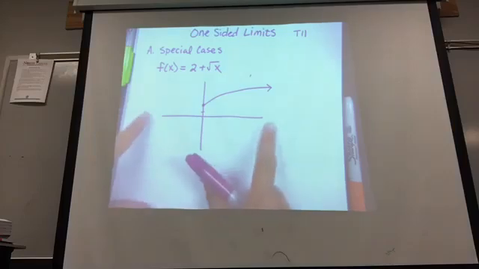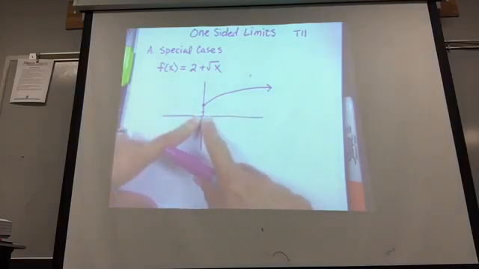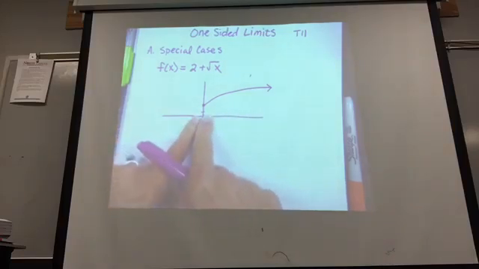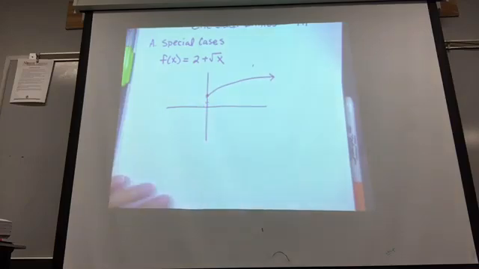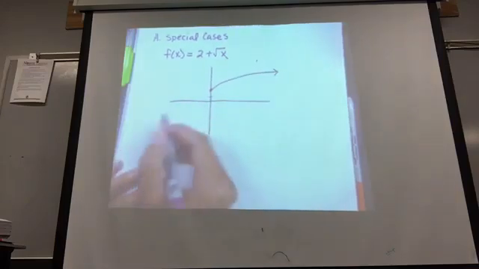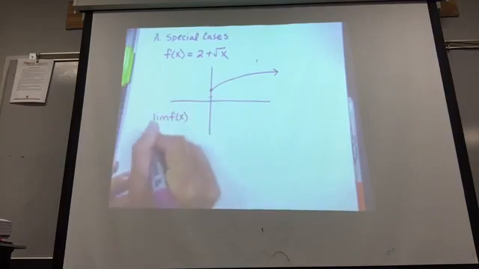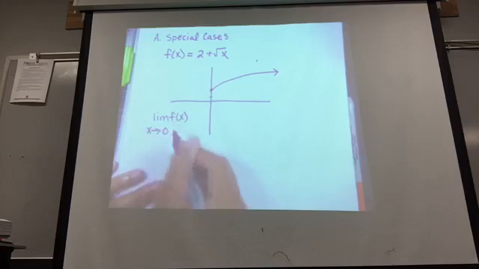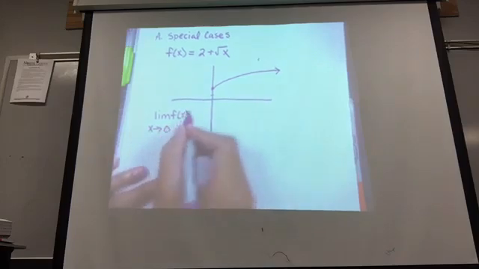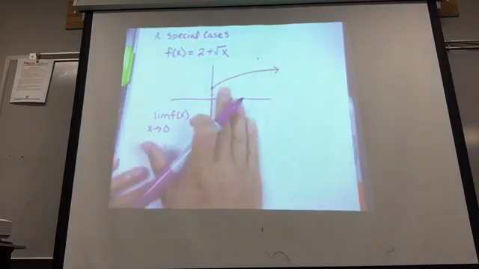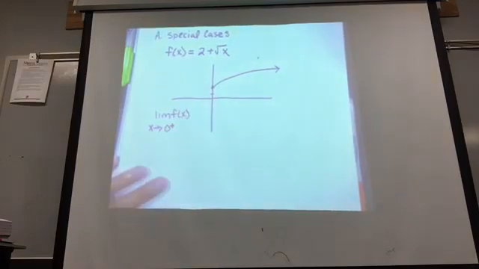Notice if I was to approach 0, I can't approach it from both sides. So this is a one-sided limit, and I can write the limit of f of x as x approaches 0 from the right. To denote it's coming from only the right, I use a little plus sign at the top.